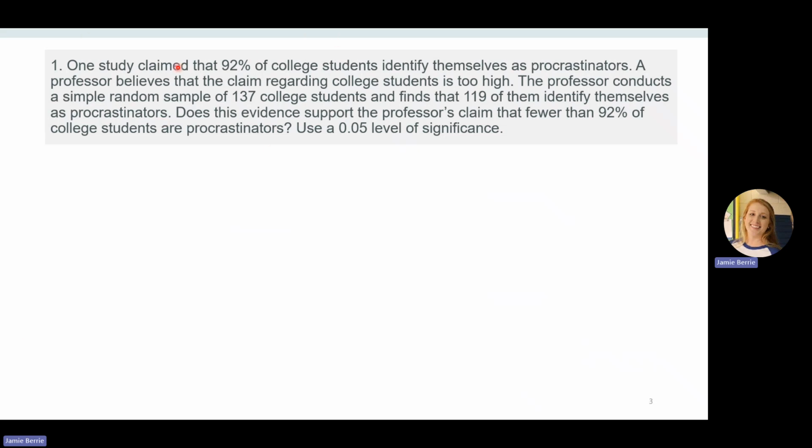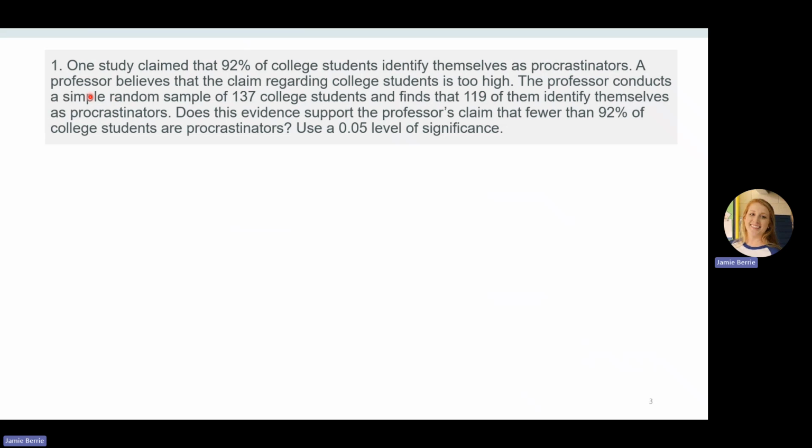However, you're going to notice that we don't see the word mean anywhere. Oftentimes you will see a percentage, and so that's kind of like your indicator for what type of hypothesis test it is. All right, so it says one study claimed that 92% of college students identify themselves as procrastinators. A professor believes that the claim regarding college students is too high.